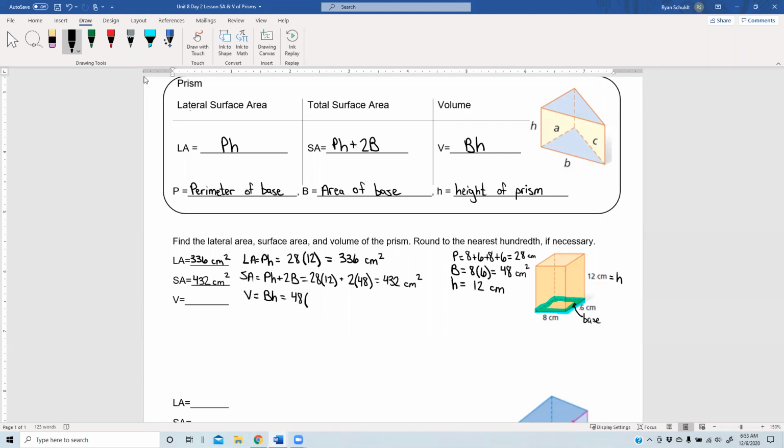The height of the prism, h, was 12. 48 times 12, 576 centimeters. But since we're doing volume, this will be centimeters cubed. This will be 576 centimeters cubed.